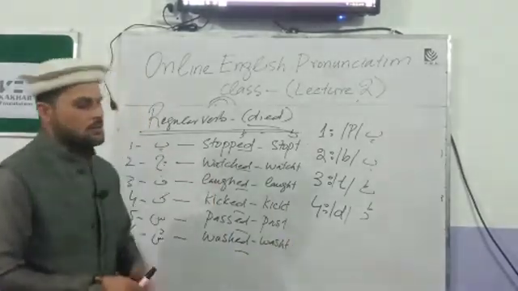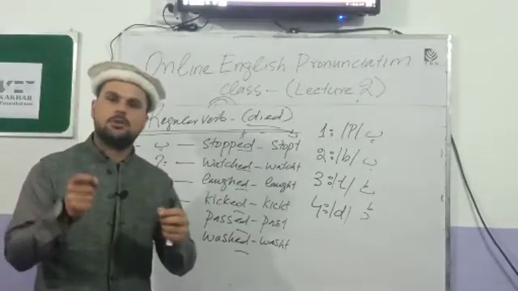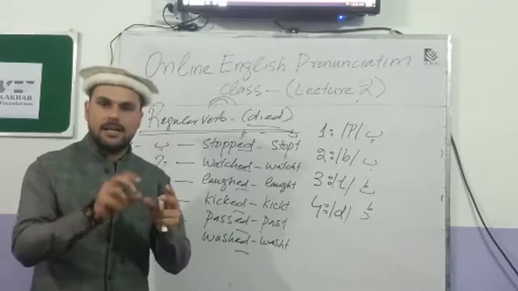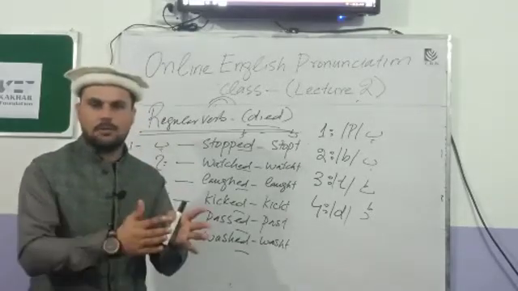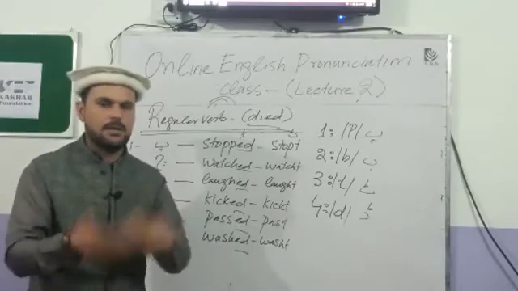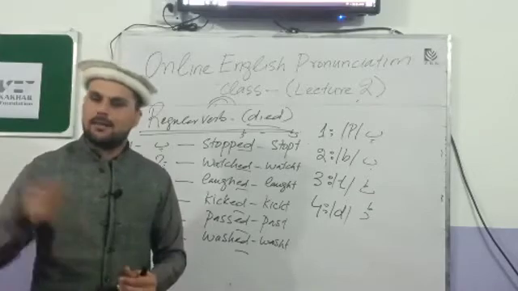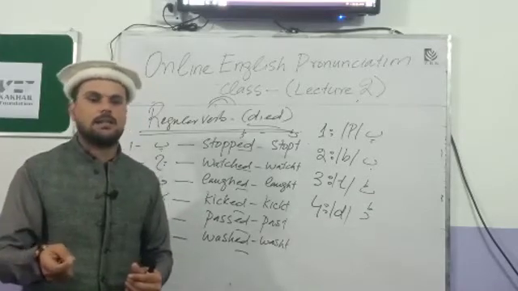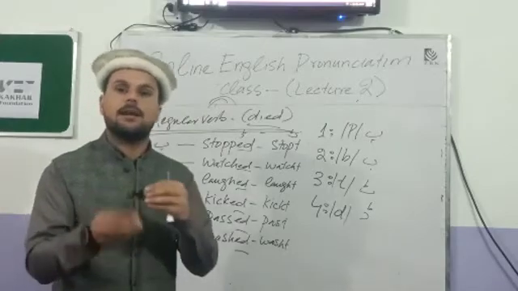Regular verb means those verbs with which we add d or ed, and the second and third forms are automatically made. Fine. So that is called regular verb. And the rest, irregular verbs, are those whose second and third forms are not formed by adding d or ed.